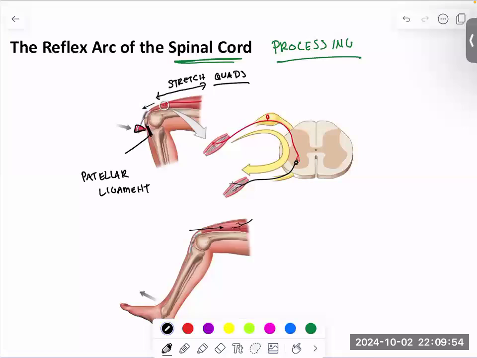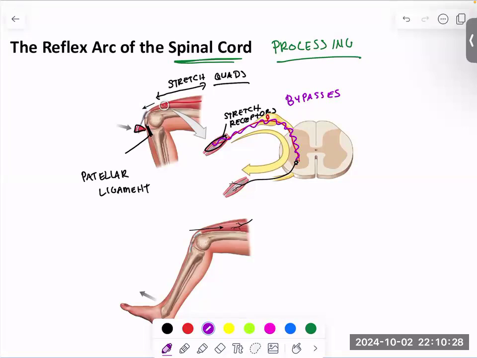So your muscles have stretch receptors. When the doctor hits your patellar ligament, it's going to cause your quadriceps to stretch. It will activate your stretch receptors. It's going to send sensory information that bypasses stuff. It doesn't go through a normal pathway.